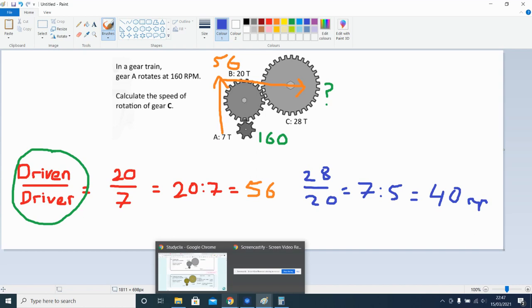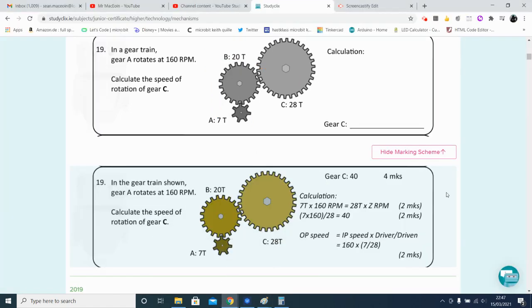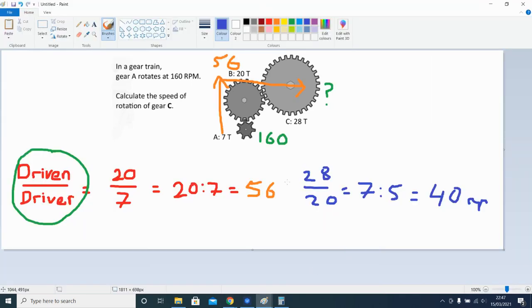It's the same answer as the question above, and I find my way is much easier. Stick to what you know, driven over driver. Find your ratio and work out your speeds that way using simple maths. So I hope you find that helpful.